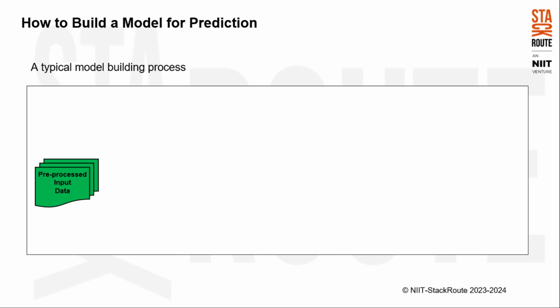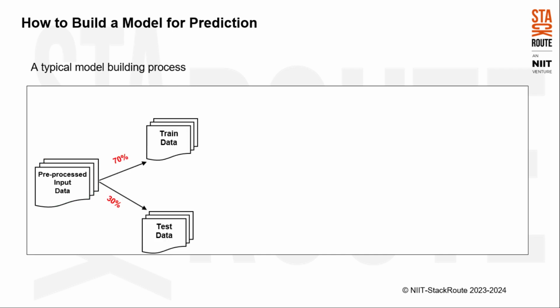For example, it could have missing information, it could have nulls, blanks, it can have invalid values, wrong distributions, etc. So you need to first fix those values and then make the data all right. So the raw data has to be first converted into pre-processed data, and then it can be ready for use. So first we pre-process the input, and then we split the data into two parts.